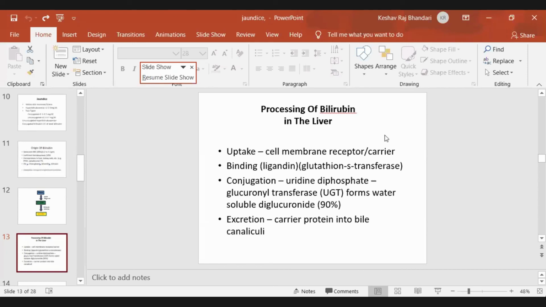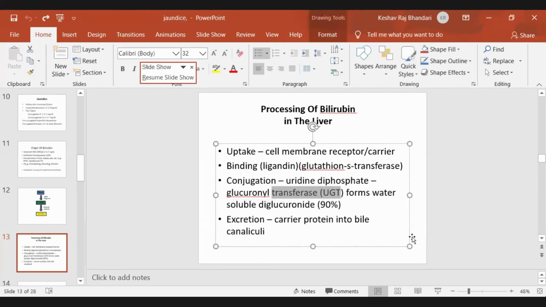So here the albumin will be broken and removed, and then it will enter, combined with ligandin, which is glutathione transferase enzyme, and it will enter the hepatocyte. There will be binding, and then there will be conjugation in the presence of uridine diphosphate glucuronyl transferase with the glucuronic acid, forming mono- and diglucuronide.